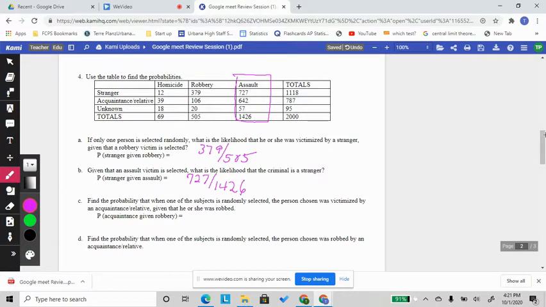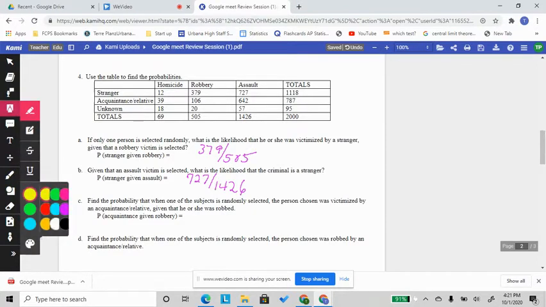Find the probability that when one of the strangers is randomly selected, the person chosen was victimized by an acquaintance or relative. Okay, so now we're looking at this as our given. They were victimized by an acquaintance, given that he or she was robbed.